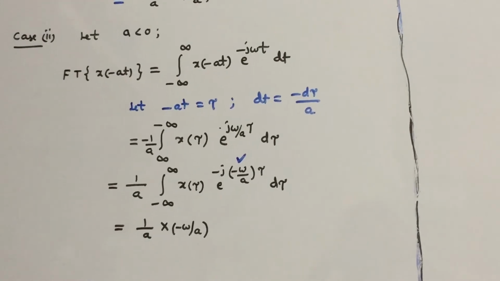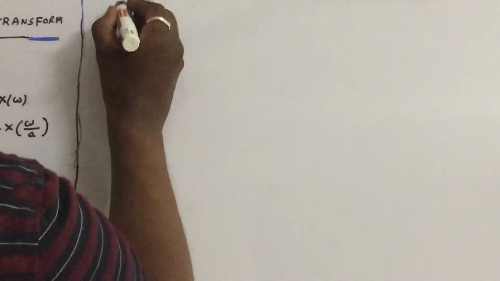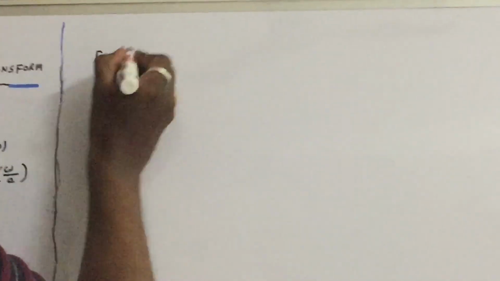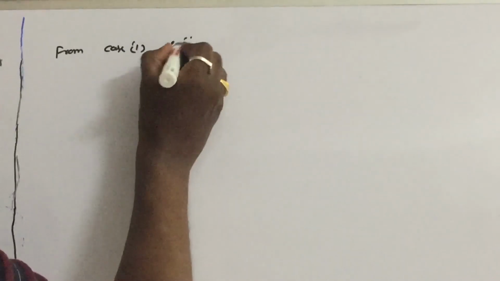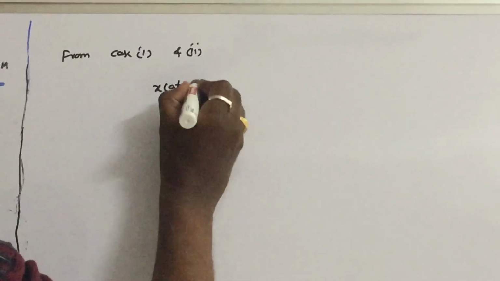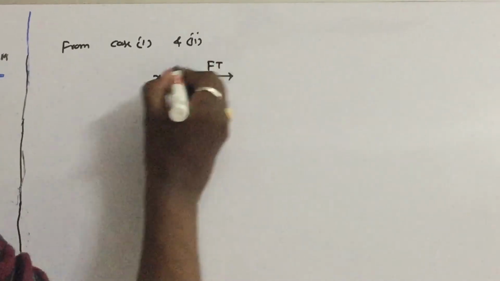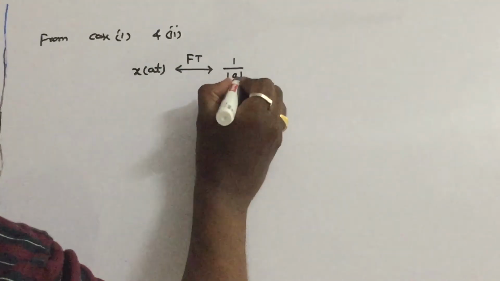So you can see from case 1 and case 2 what we can observe: for the Fourier transform of x of at, whether plus a or minus a is there, we only have to take the magnitude.